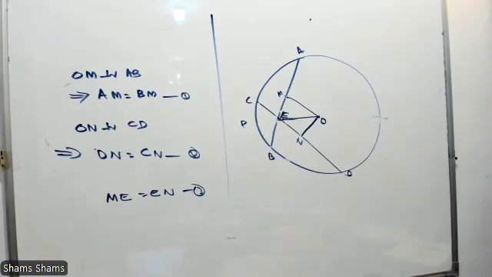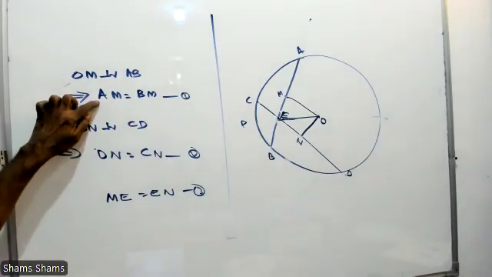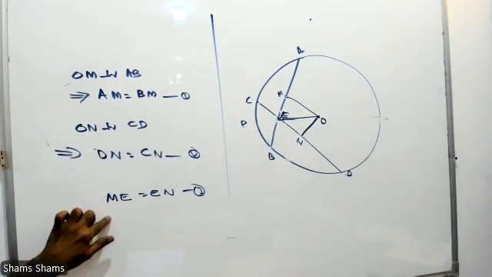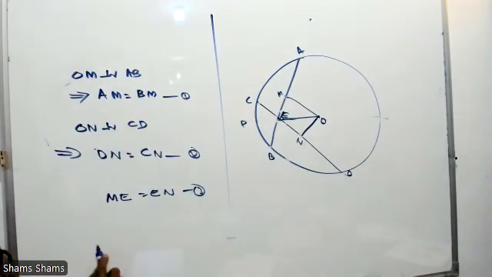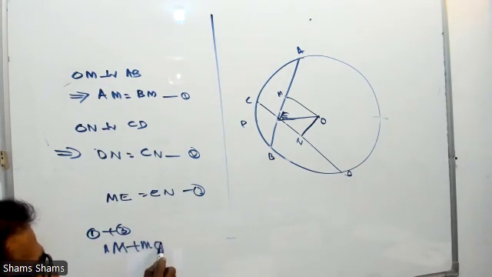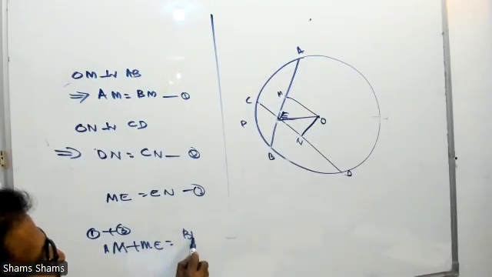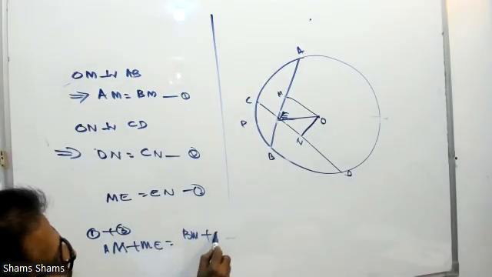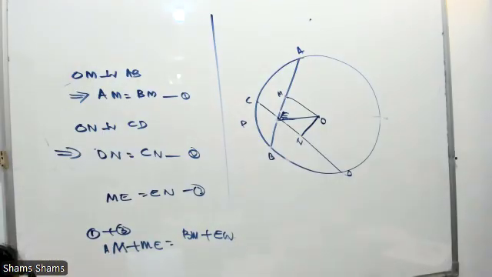Our requirement. Okay, listen here. You add 1 and 3. Add 1 plus 3. AM plus ME equal to BN plus EN. Right? Correct or no?